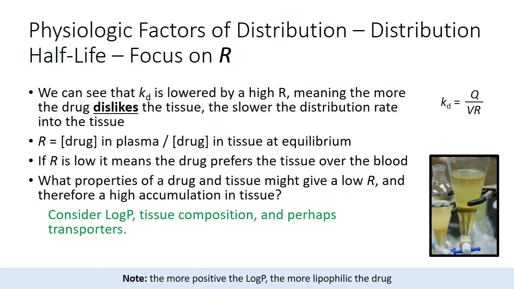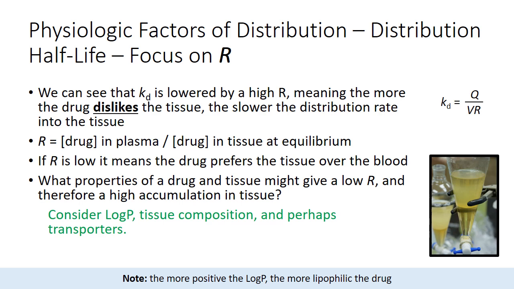If most of it distributes into the water, then it's hydrophilic. The log P is just a measurement of that. If a log P is positive, that means the drug is somewhat lipophilic. If it's negative, it's very hydrophilic. If it's 0, it's somewhere in between. So the higher the log P, the higher the lipophilicity.